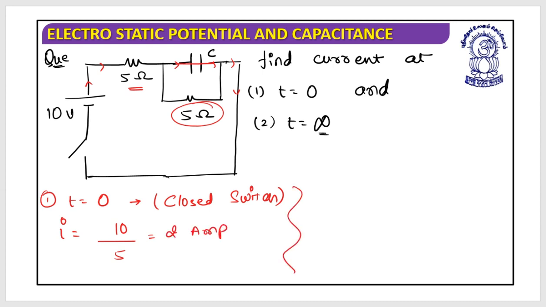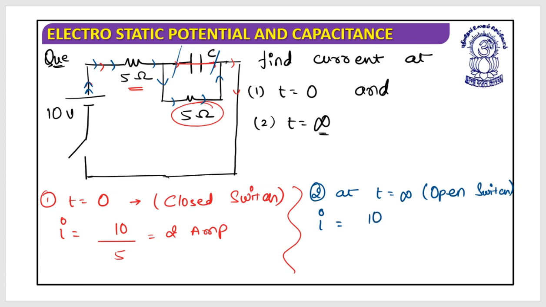And when I say at t equals infinite, it's an open switch case. So when I say open switch, this is simply disconnected, and when it is disconnected, current will be moving through this, and the situation would look like this.